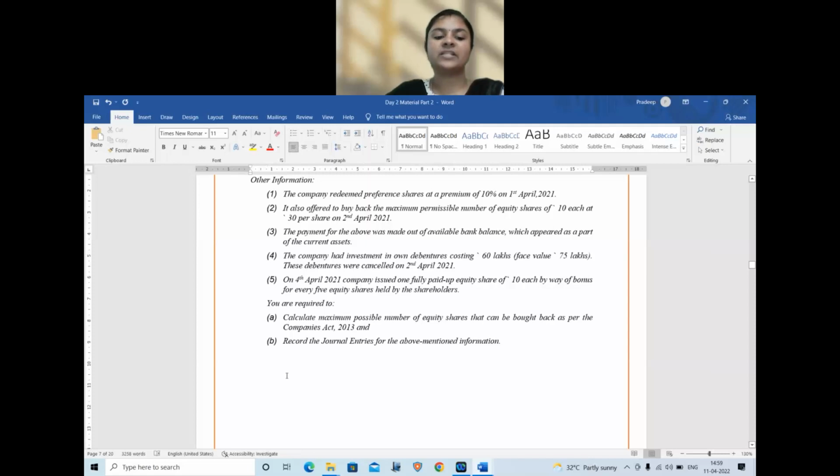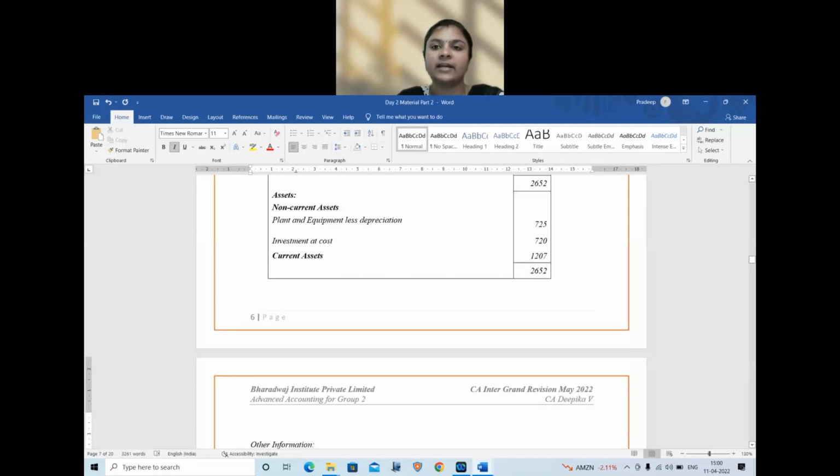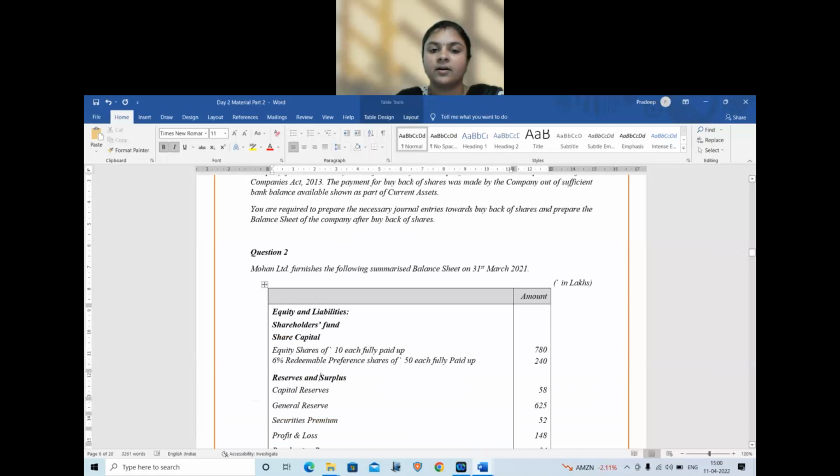Okay. So first let us do condition 1. Shares outstanding test. For shares outstanding, what is the criteria here? 25% of the equity shares. So what is the equity share capital outstanding? 780 is the amount.